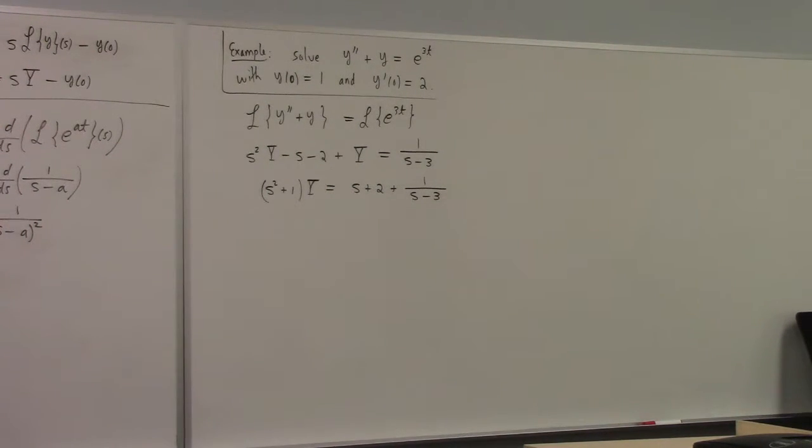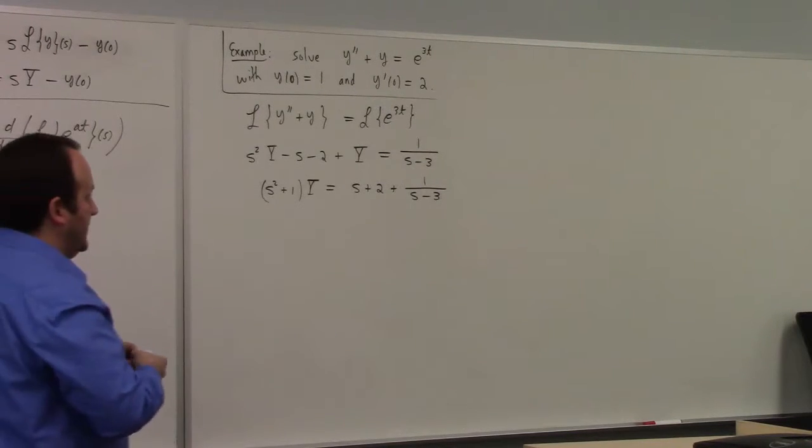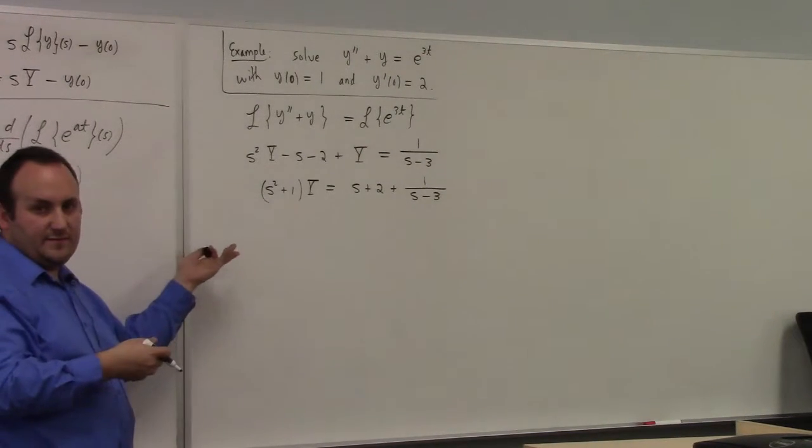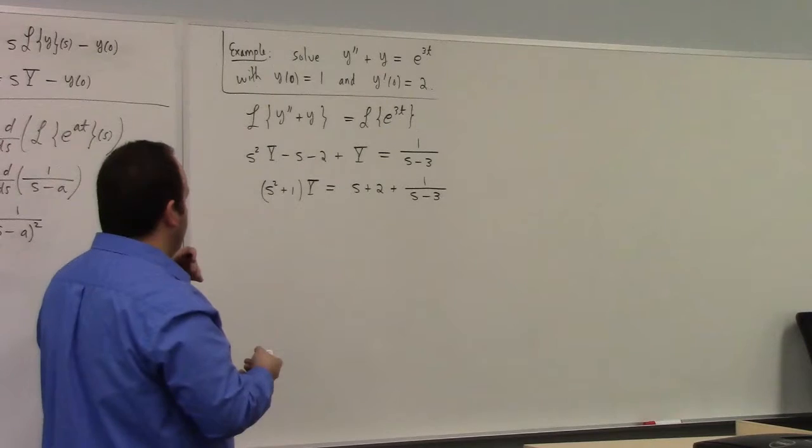So you take the Laplace transform of the equation. Then you do algebra to solve for the transformed y, the big Y. How do you solve for the big Y? Just divide by s squared plus 1.